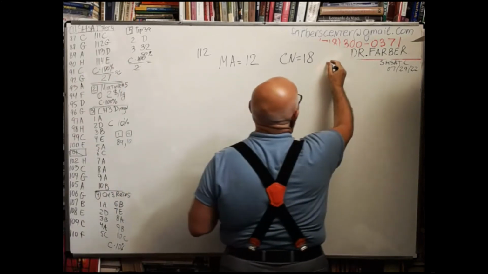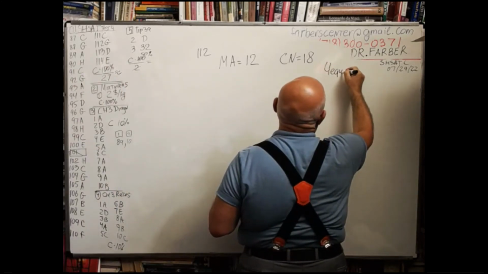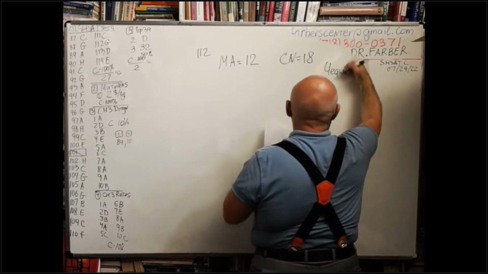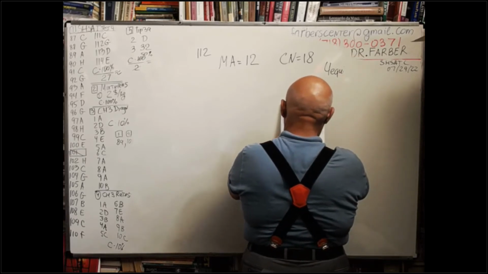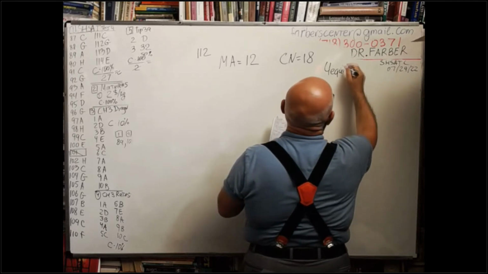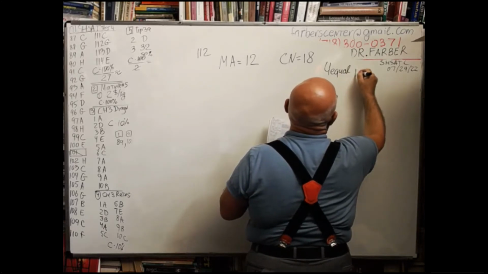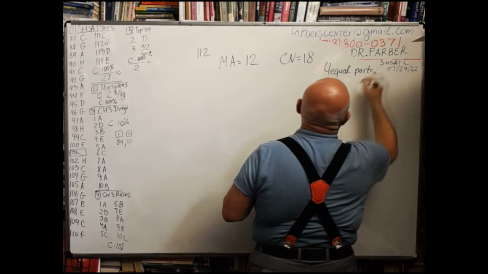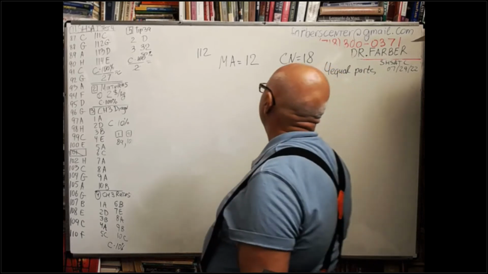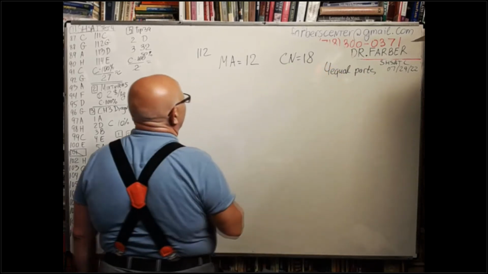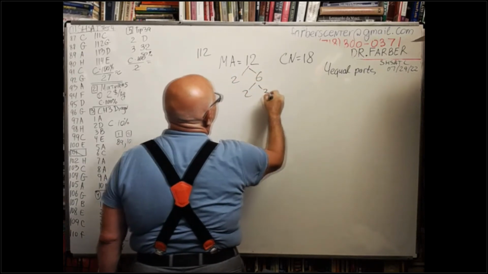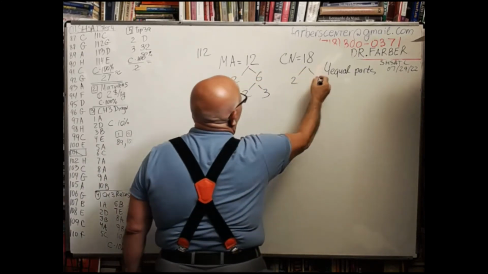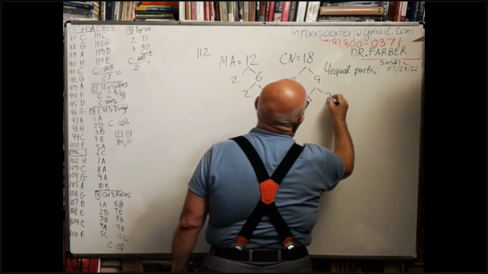4 equal parts. How to find 4 equal parts? Let's use prime factorization. 12 is 2, 6, 2, 3. 18 is 2, 9, 3, 3.